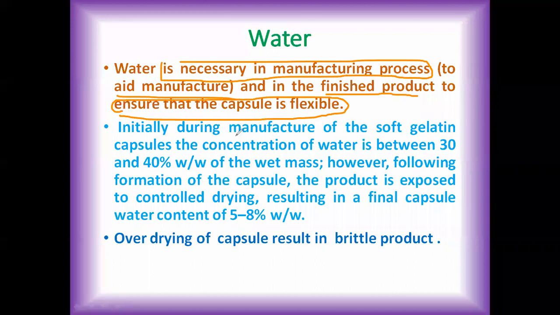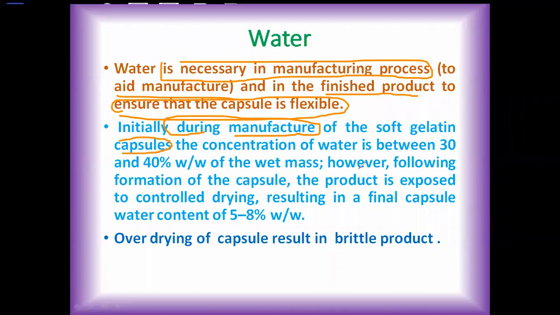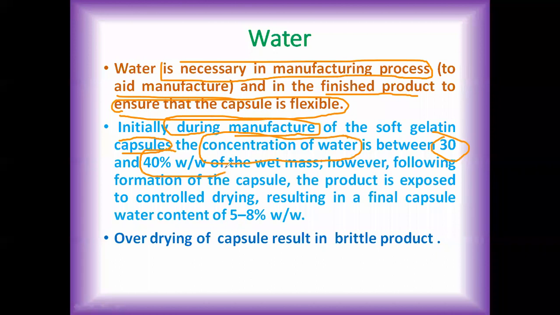Initially, during the manufacturing of soft gelatin capsules, the concentration of water is between 30 to 40% weight by weight of the wet mass.